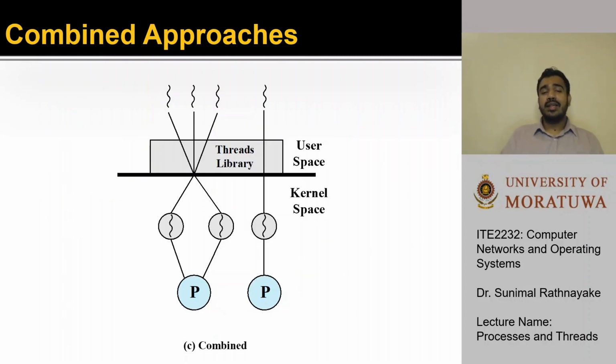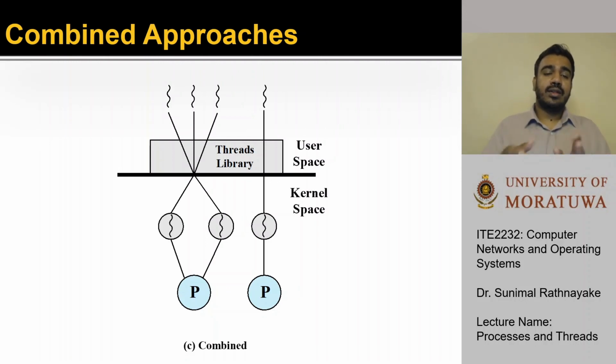There can be some combined approaches as well. Some systems allow combined approaches where you have some user level threads like shown here. So you have multiple kernel threads allocated to a few threads. So it's some kind of a multiplexing approach.